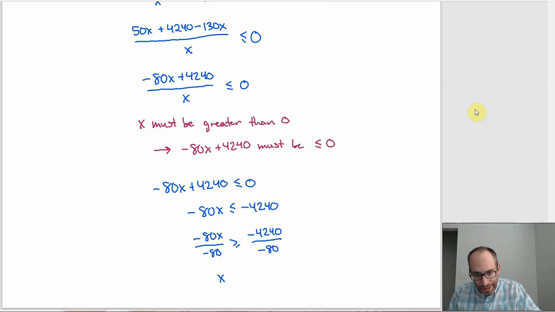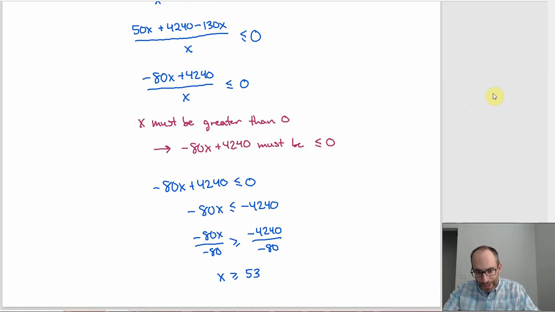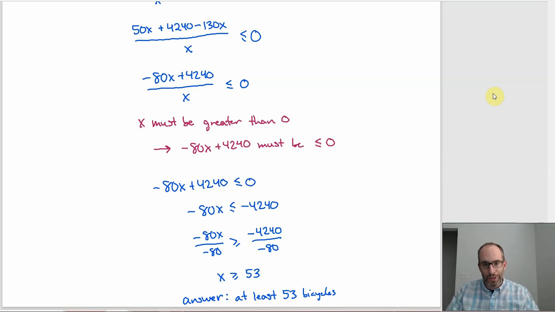And so that means that x is greater than or equal to 53. So then the answer is at least 53 bicycles. And that finishes off the live streaming notes for section 5.5.